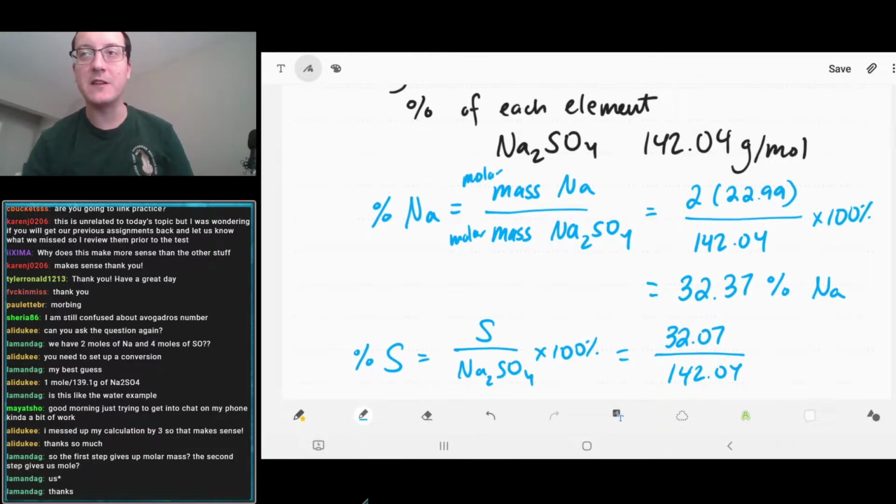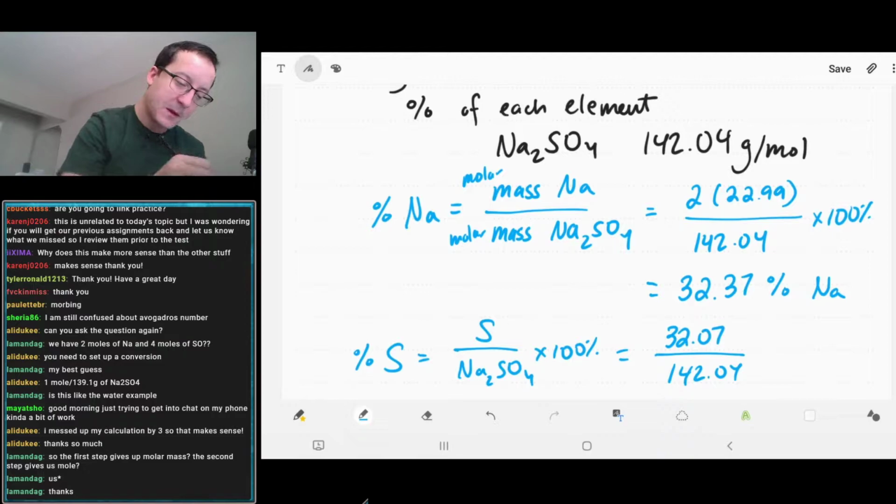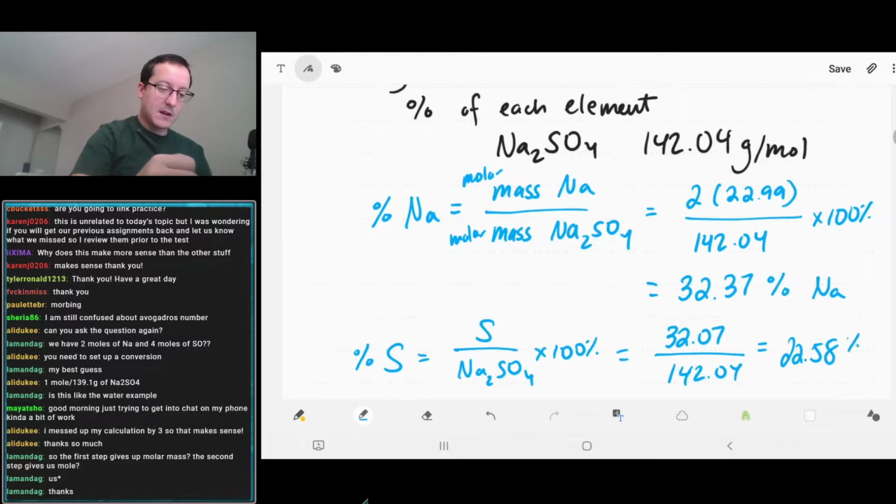I just happen to have these memorized because we use them a lot, but you would presumably be looking them up. Totally normal. So doing this, 32.07 divided by 142.04, and from there we get 22.58% sulfur.